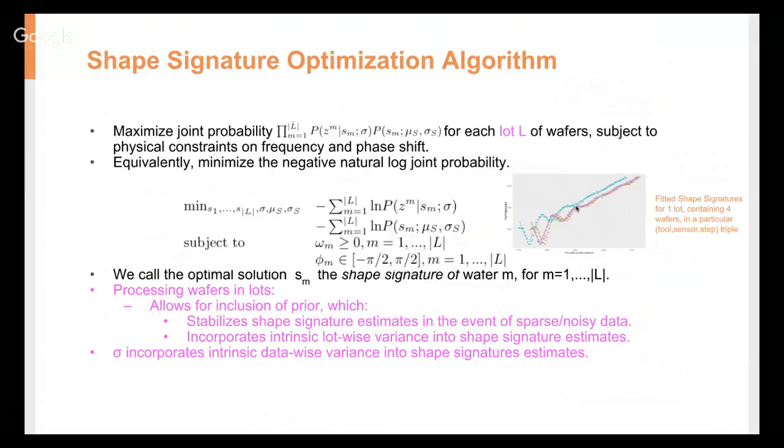Each lot has a number of wafers. Processing the wafers in lots like this and feeding them into the optimization program allows for learning of the prior. And so when you're done, you have estimates of these oscillators. So, are there any questions up to now?